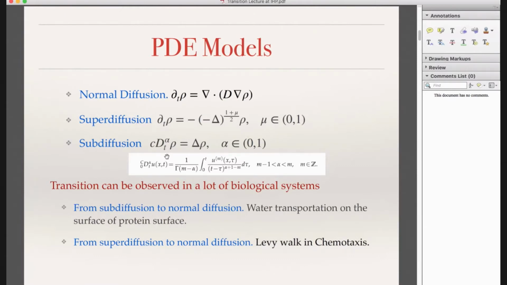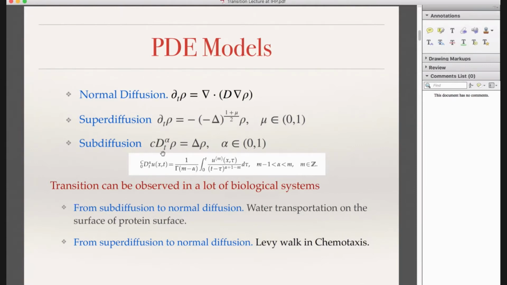For super diffusion, the Laplacian operator has some power, while for subdiffusion, the time derivative has some power. In a lot of biological systems, we can see the transition between these three different kinds of diffusion. Today I would like to discuss two examples.